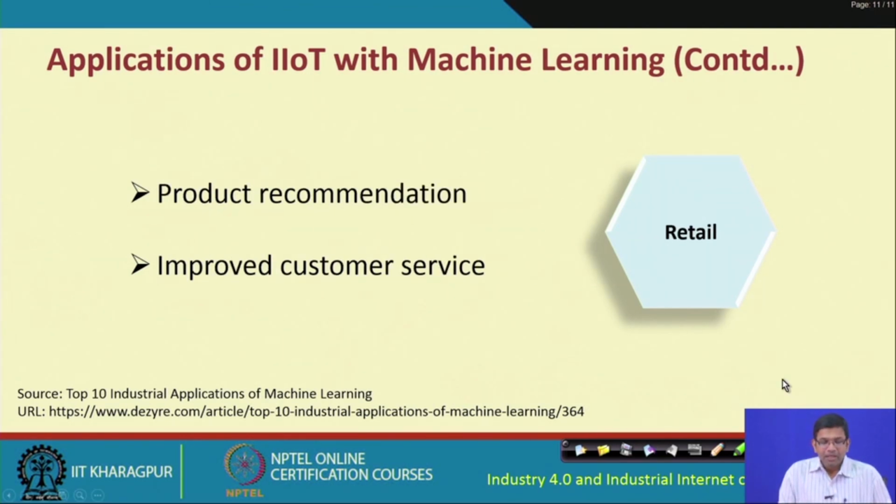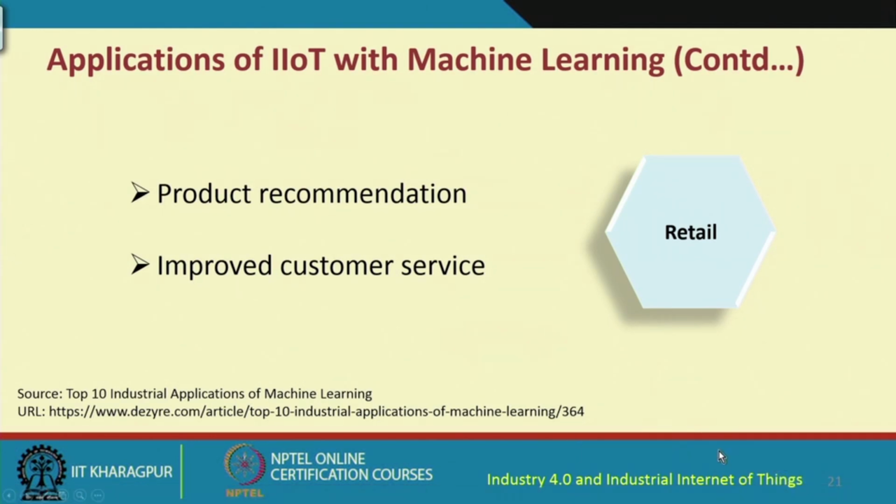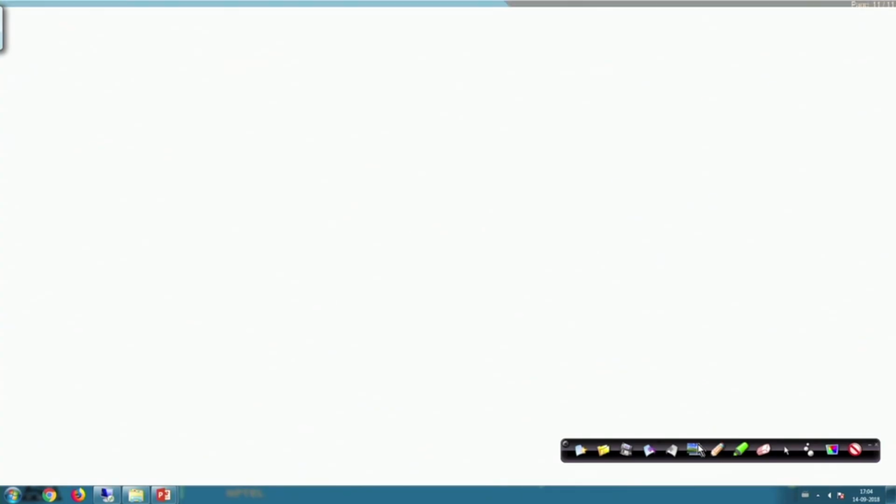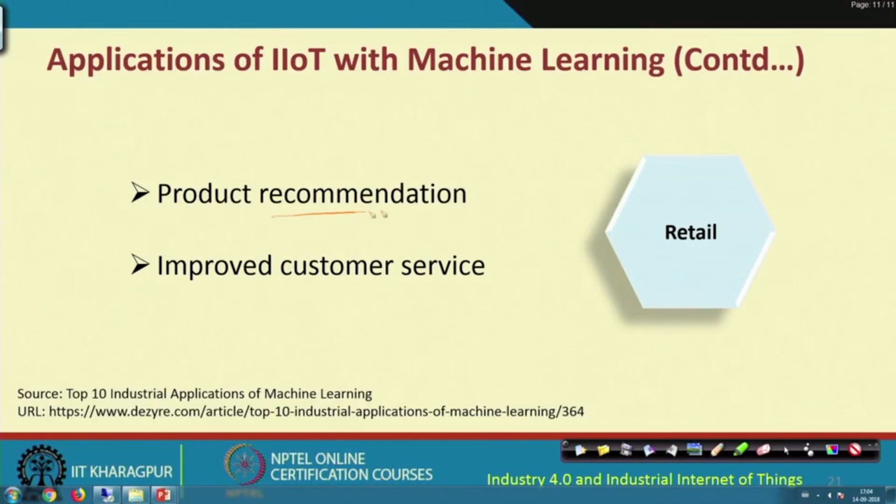For retail, product recommendation, any recommendation, basically this is something where recommender systems etc. are heavily based on machine learning.